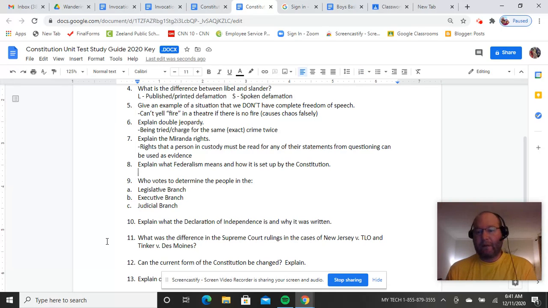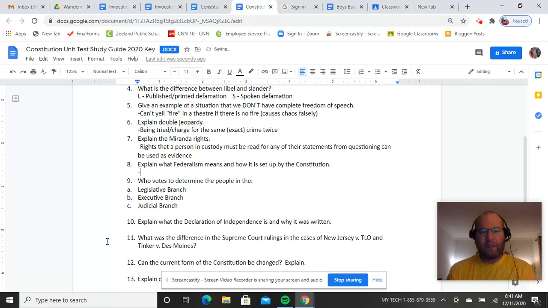If you're not read your Miranda rights and you're questioned by people while you're in custody, they can't necessarily use those statements. Now, if they've read your Miranda rights to you, one of them is that anything you say can and will be held against you in a court of law.